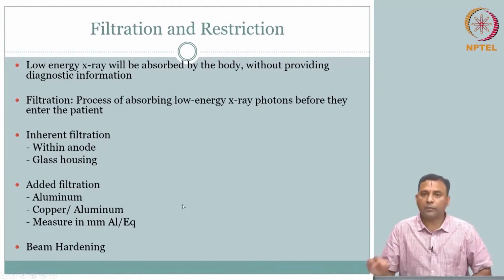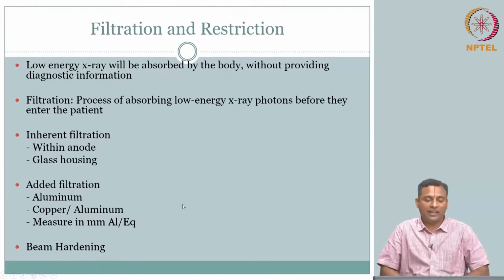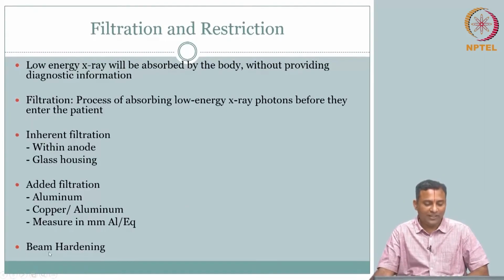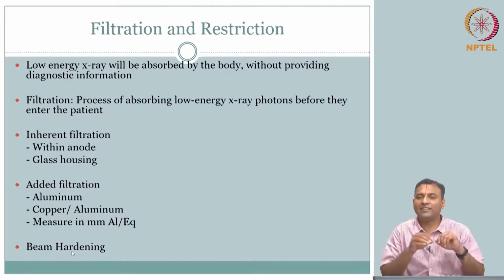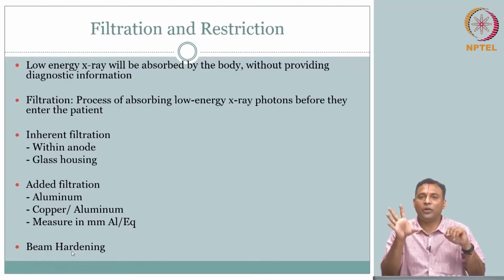In the process, what happens? I just want to spend 3 seconds on this because you know this by now. First time I showed you beam hardening was in the artifact. I said this is a little difficult to understand for now. Motion artifact is easy, detector going bad is easy, ring artifact is easy.